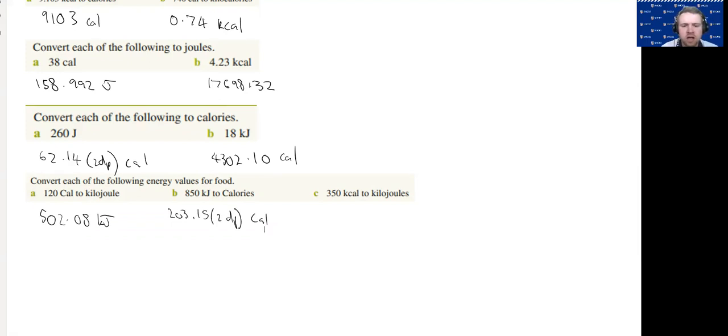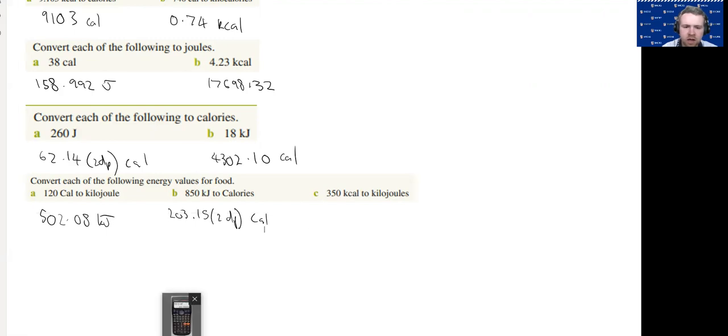And then for this last one, kilocalories to kilojoules. So a kilocal, where we're going to need to divide this by 4.184. Or we can consider this as an uppercase calorie. There's another way that we can do it. Sorry.